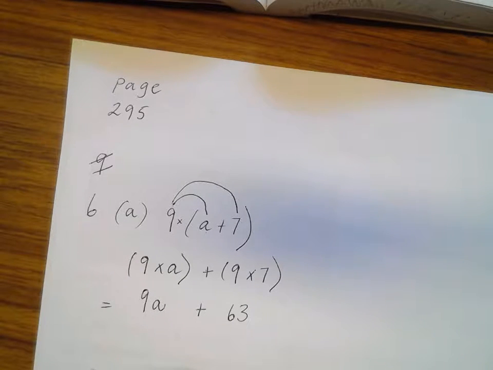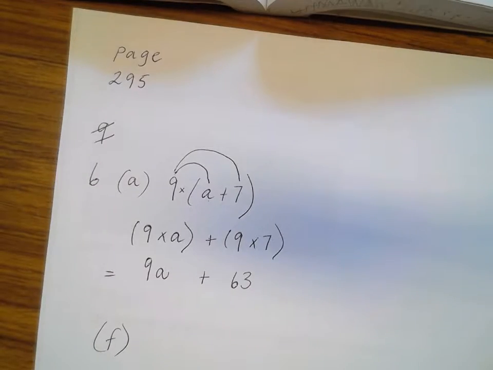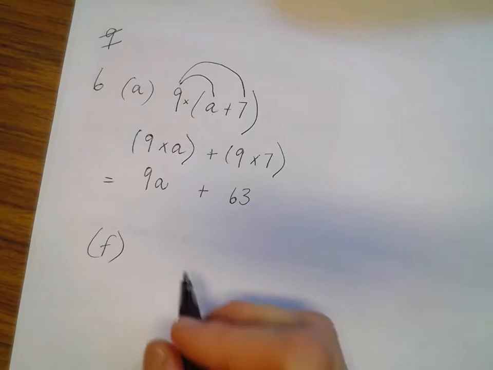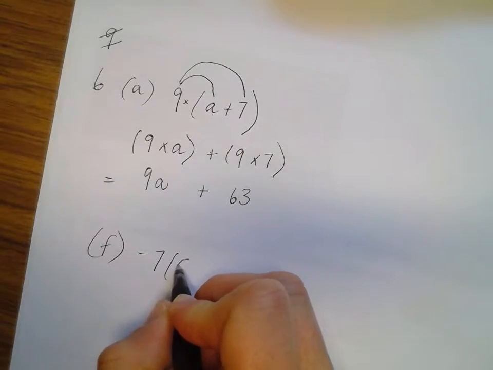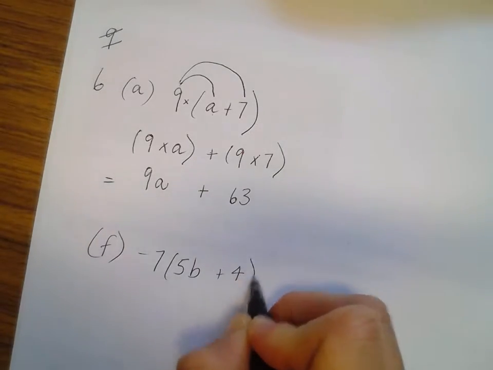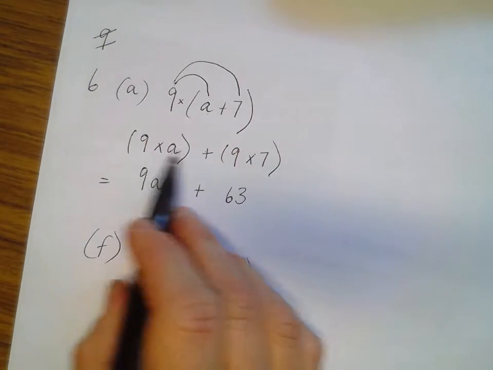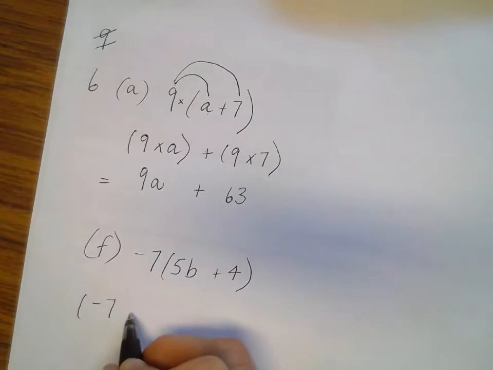Okay, question 6, we might skip to question F. Okay, it has a negative in there. It's got negative 7(5b plus 4). This is where I think this line of working really helps us see what's happening.